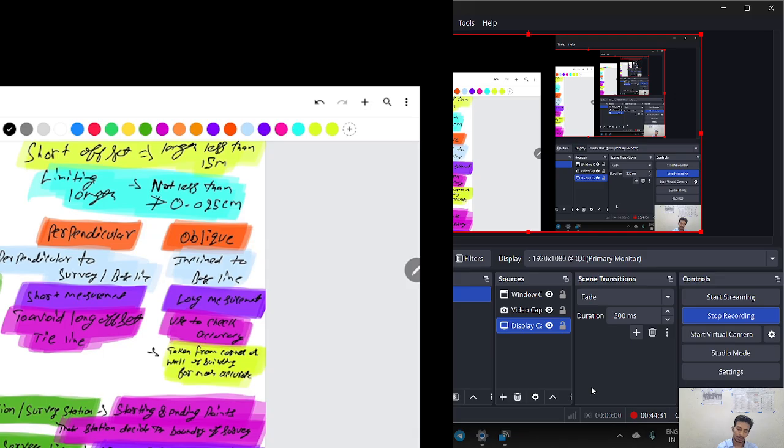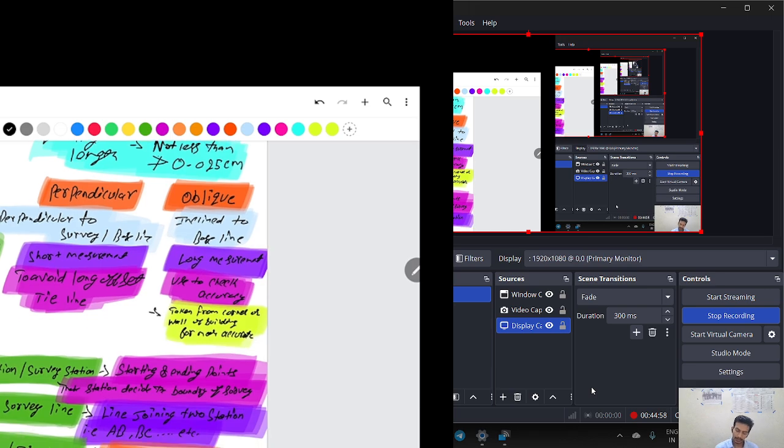Perpendicular is for short measurement and oblique is for long measurement. To avoid long offsets, a tie line is used to check accuracy. Taken from the corner or wall of the building for more accuracy.